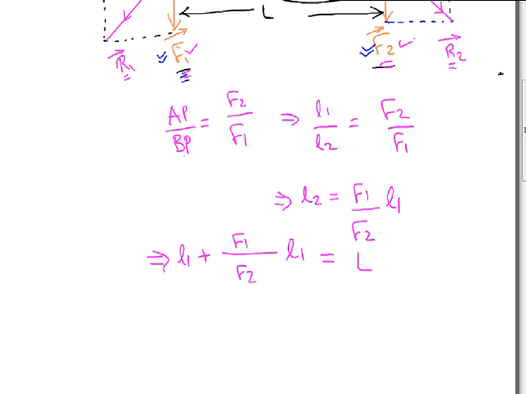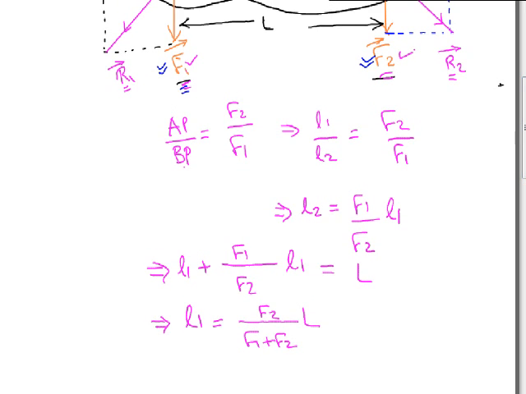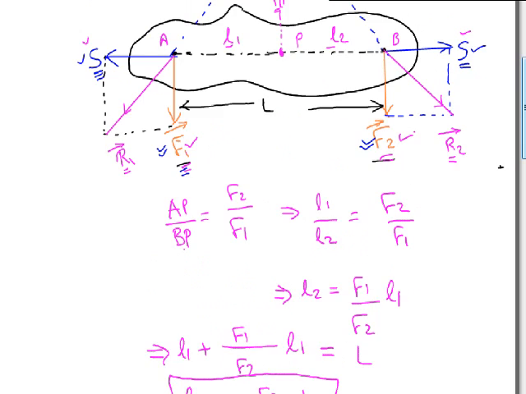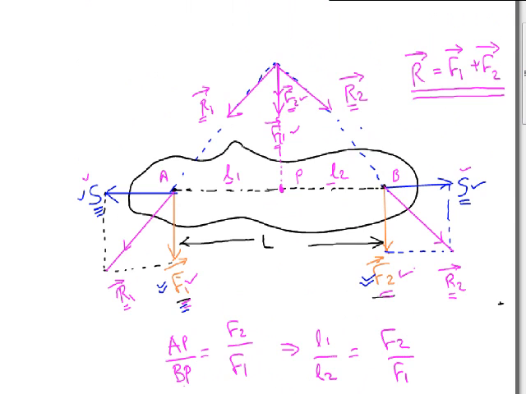This is equal to L. So you have L1 is equal to F2 by F1 plus F2, the total distance between the forces L. We'll try to use this result to find the location of forces in a general situation.